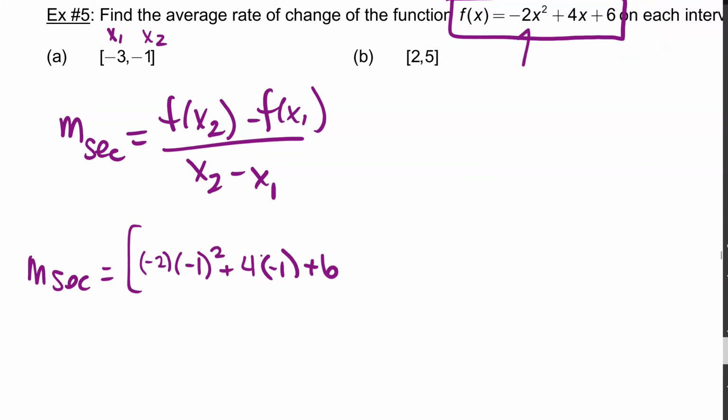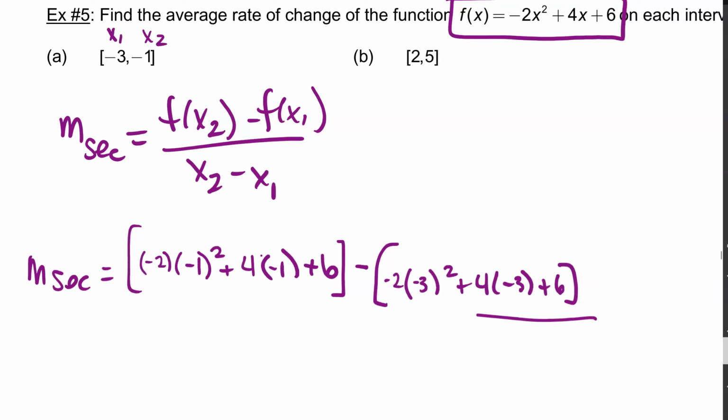Plugging negative 1 into this equation, that's f of x2 minus f of x1. So negative 2 times negative 3 squared plus 4 times negative 3 plus 6, all over negative 1 minus negative 3.